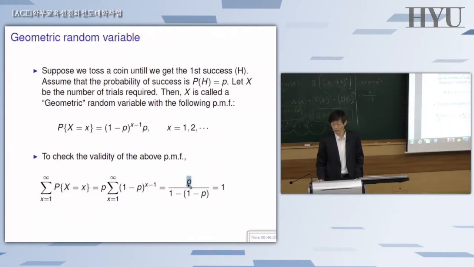The initial value is the value that you have when you plug in the first number for this index x. So that's p. Well, actually, the initial value is 1, but you have a p outside there, so that's still p. And the common factor is 1 minus p there, so you have to subtract that one from 1.